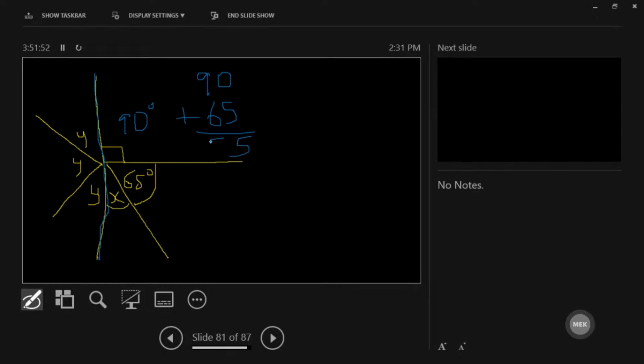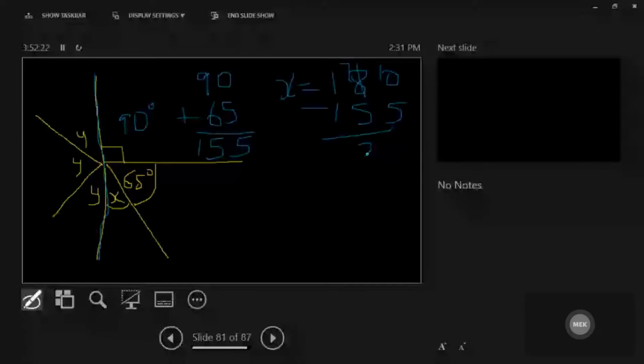That gives us 155. And take it from the 180 and you get x. Because remember, the three of them are on the straight line, they must add up to 180. So x is 180 minus the 155. And that gives us 25 degrees. So that's x, right?